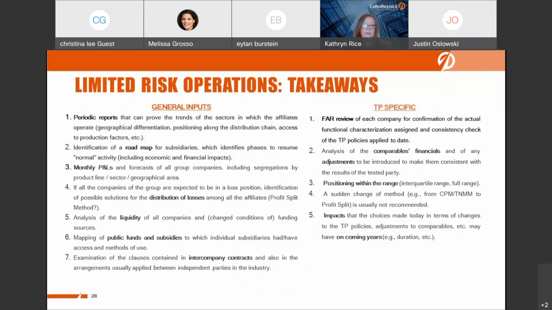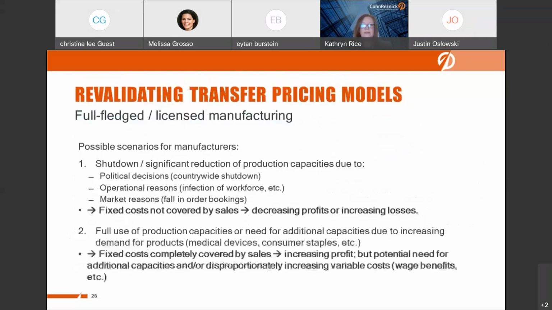Oftentimes you need to segment those if an entity has different functions. Say you can have a manufacturer that's also distributing products for another member of the group, and the various transfer pricing specific issues that we think about and that we go through. Next slide, please.